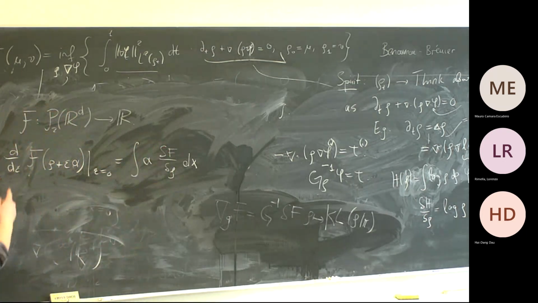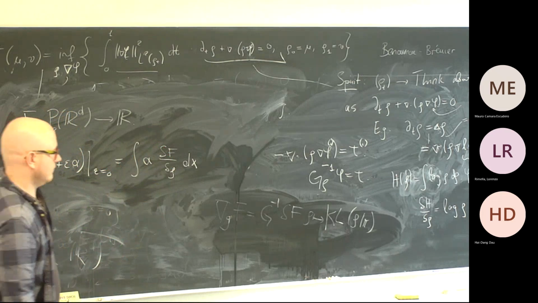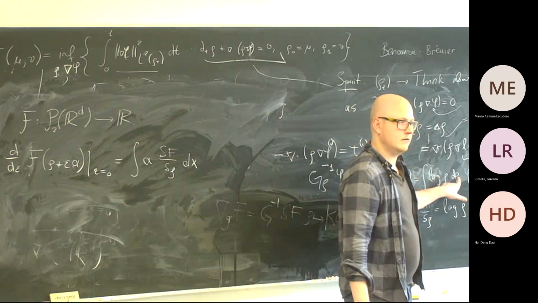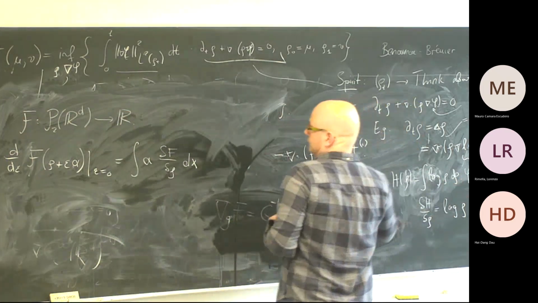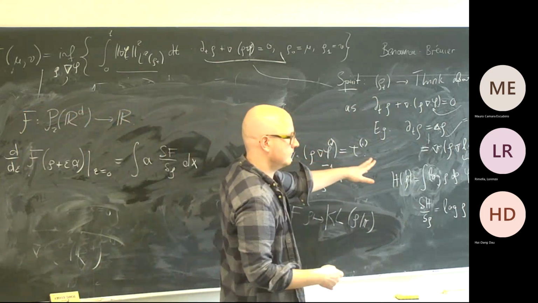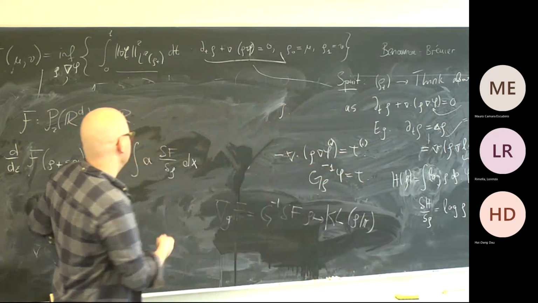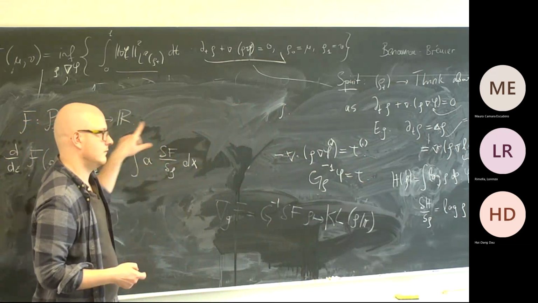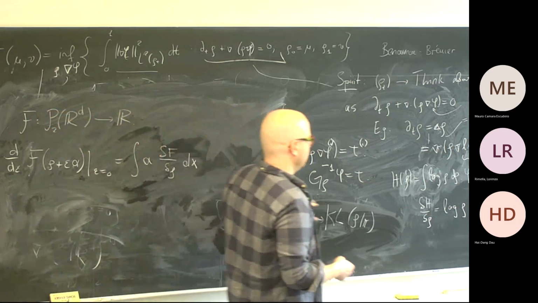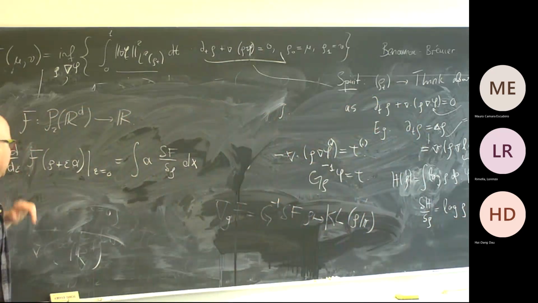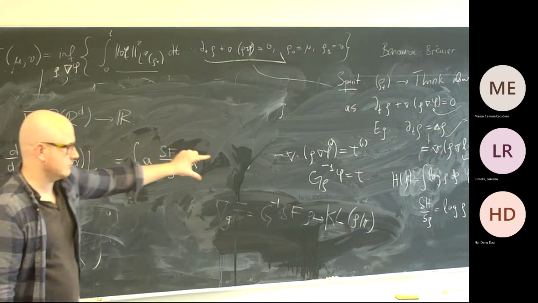And if you go somehow through the calculation, this is how you would arrive here. You can write this. Then here, instead of rho, I put rho plus epsilon alpha. I take the derivative. I set epsilon equal to 0. And then it will look like this. And then I just identify this with this. Right, and so this is sort of the calculational way of doing it. Whenever you've got a functional, you go through this motion.